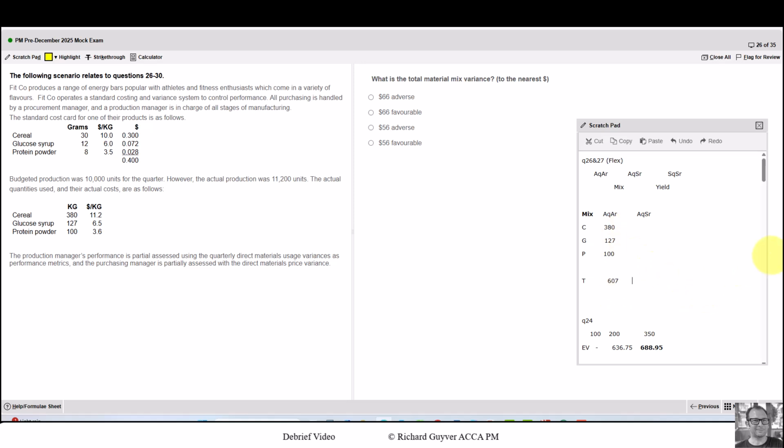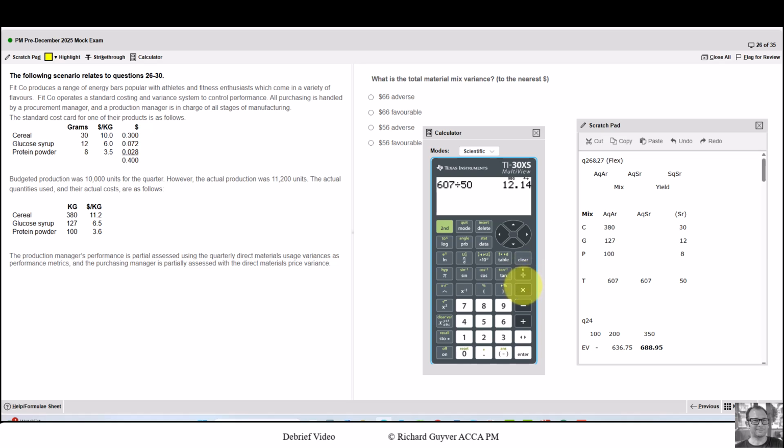Now what we need to do is take that 607 kilograms and work out what it would have looked like had we used the standard ratio, which is given to us here, where they put in 30 grams of this to 12 of this to 8 of this. I put this here just for information. For every 30 grams or kilograms, we put in 12 of glucose, 8 of protein, and it totals 50. So to work out our column here, we take the 607, divide by 50, and multiply the result by 30, and then do the same again multiplying by 12, and again multiplying by 8.